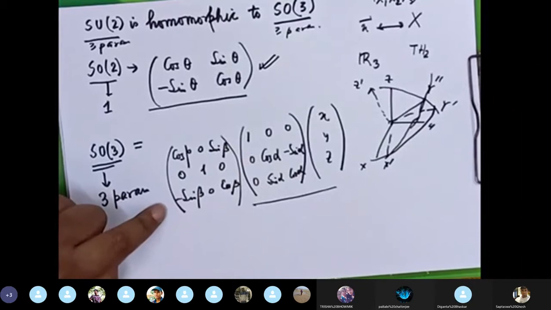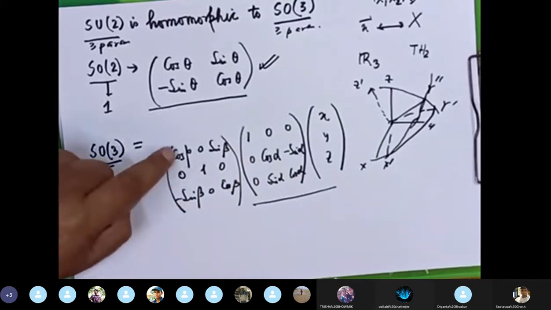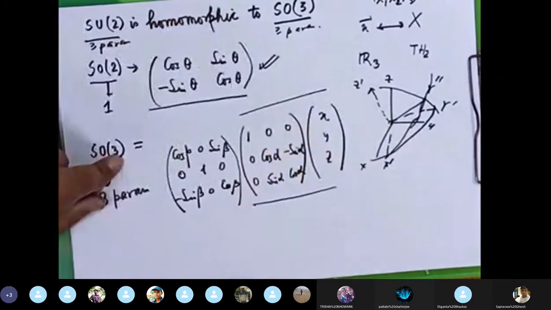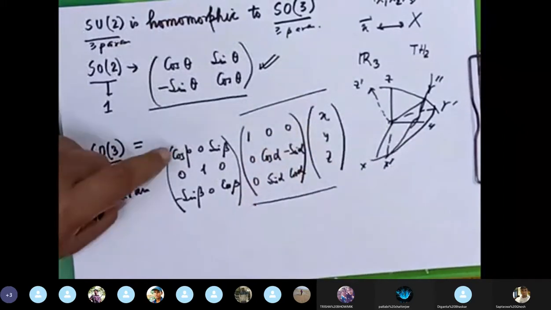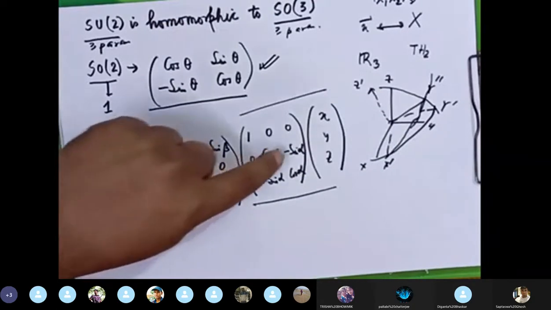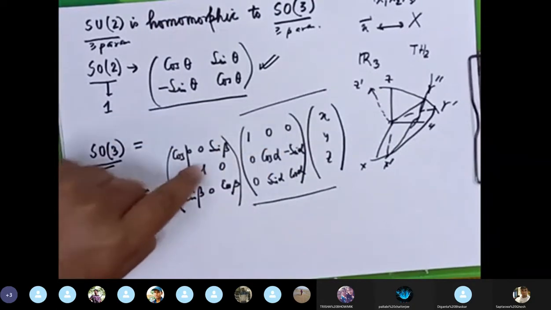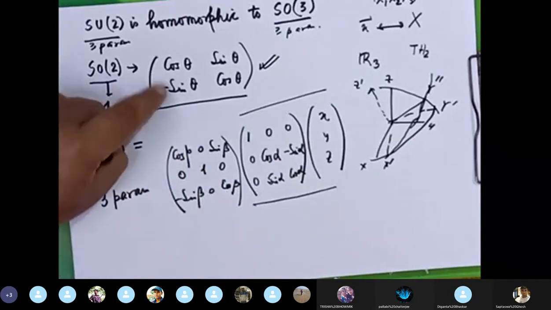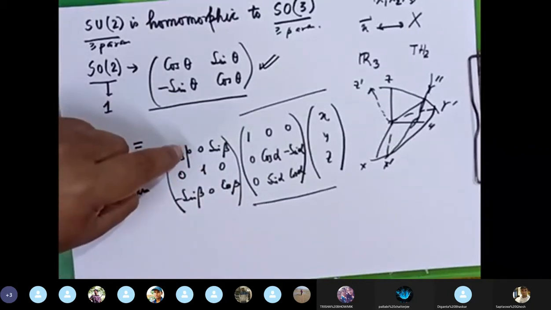Clear? So this will change only if you do this product and write it as a column vector. Y will not be changed because y double prime will remain y prime here, because it is 1 here, 0 here. Only x and z will change, according to the rotation matrix, by rotation by beta. Clear?